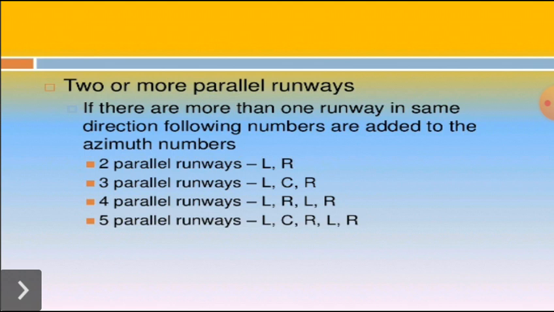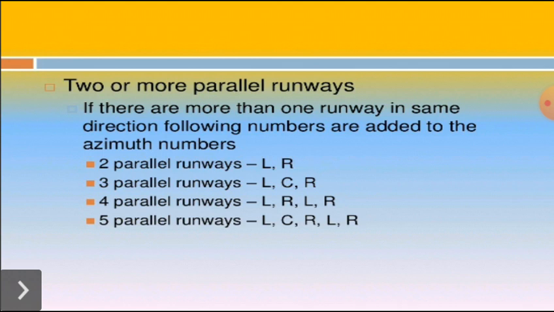And the last one, two or more parallel runways. If there is more than one runway in the same direction, the following letters are added to the azimuth number. For two parallel runways, the direction, left and right, will be indicated by denoting L, R in front of the runway number.